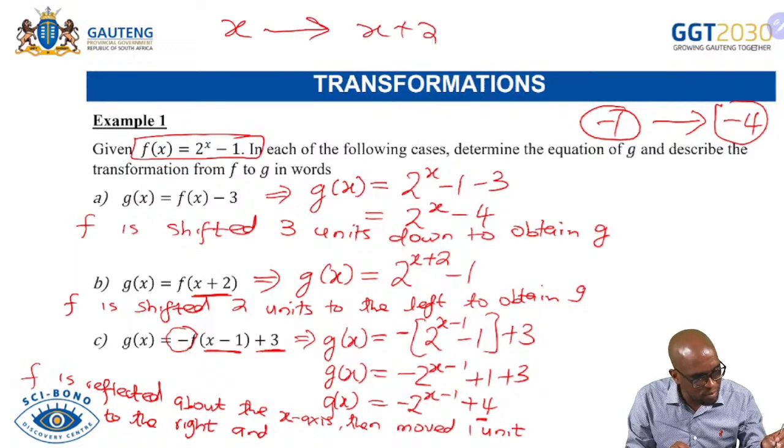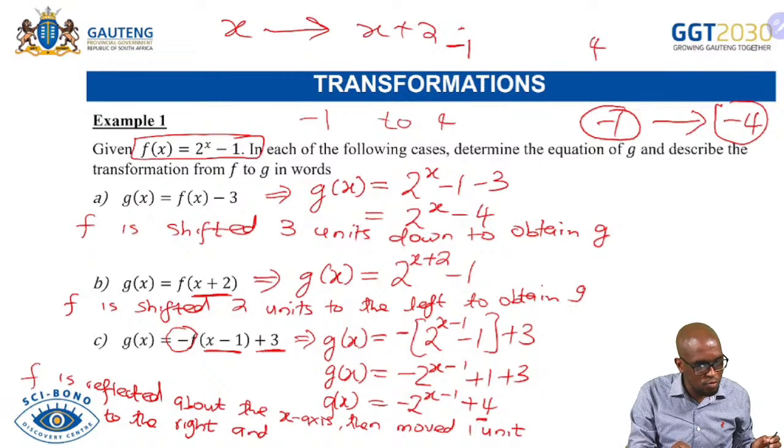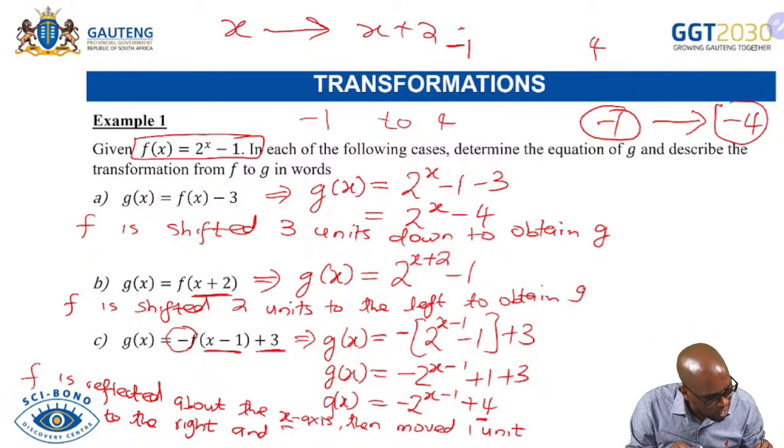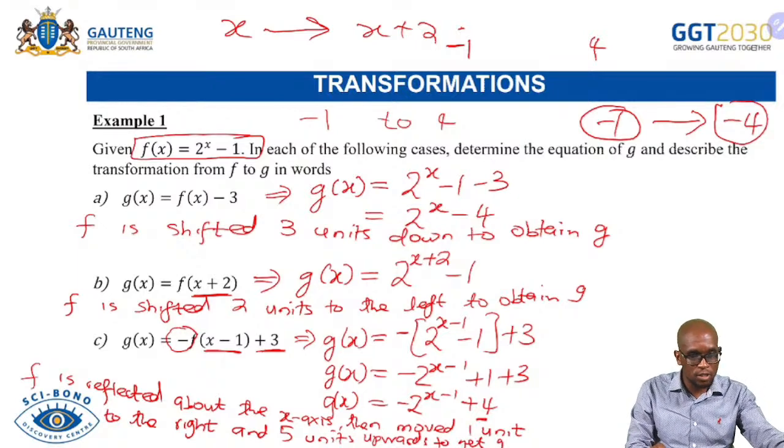The vertical movement is from minus 1 to 4. So to move from minus 1 to 4, you have to move 5 units, and 5 units upwards to get g. So that is what we basically did with the last function. But first, you find the equation and then you describe the transformation.